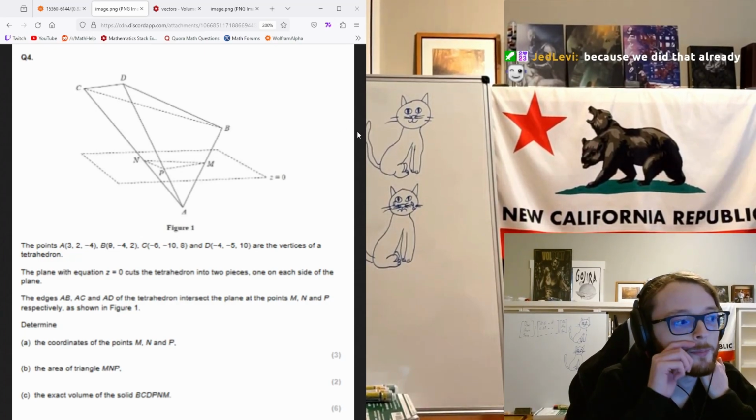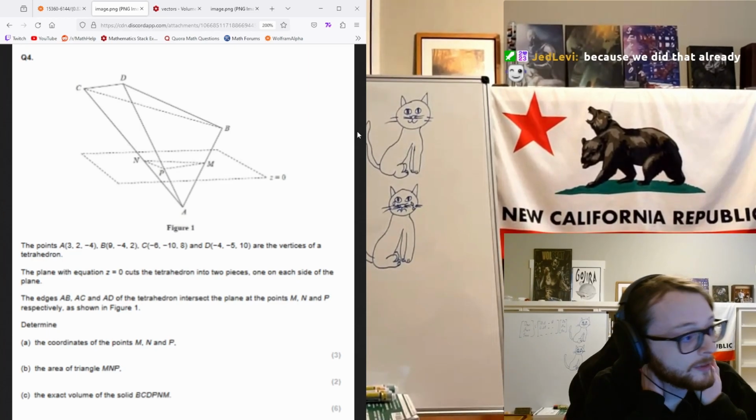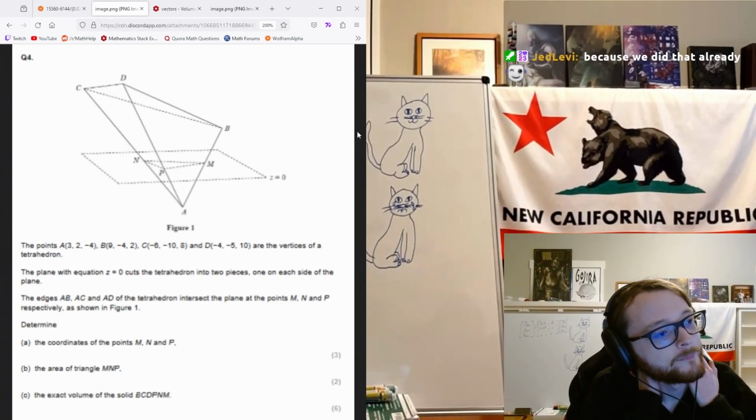I'm trying to think if it's possible without cross product. It would be a very crazy formula, I think, for an arbitrary tetrahedron like this.